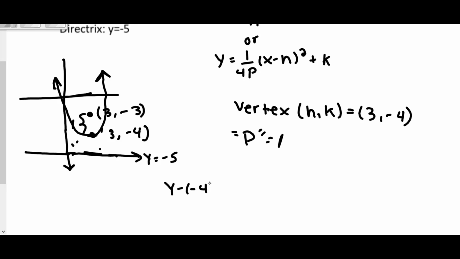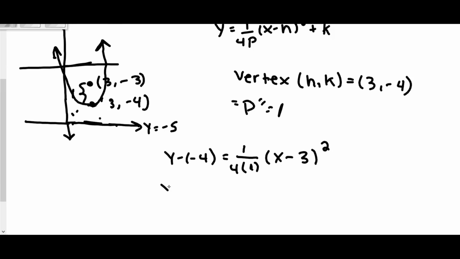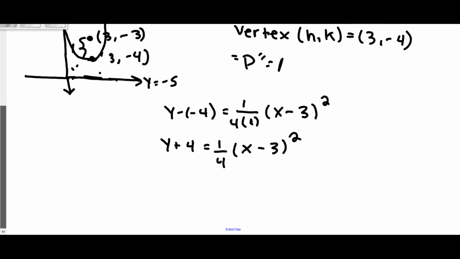So y minus k, we have k is negative 4, so y plus 4 equals 1 over 4p. Well, we have p, it's just 1, so we plug that in, times x minus 3 squared. So it's y plus 4 equals 1 over 4 x minus 3 squared.